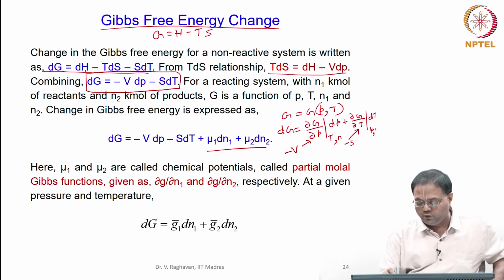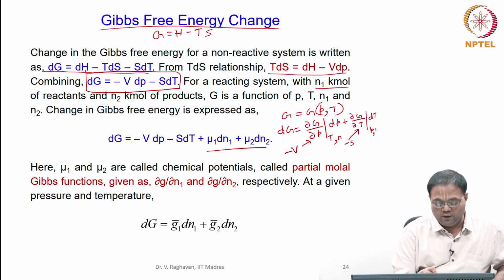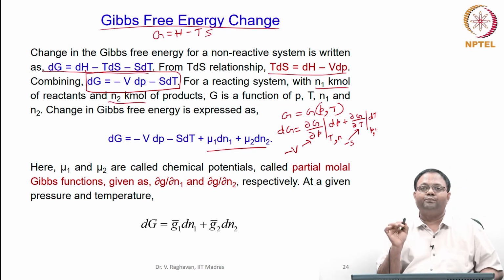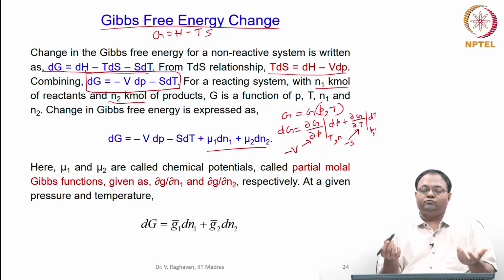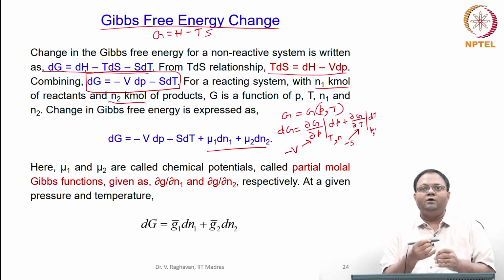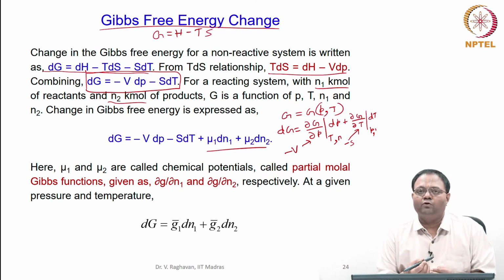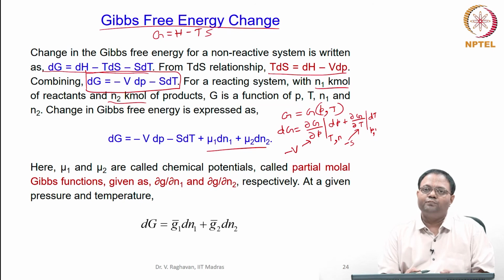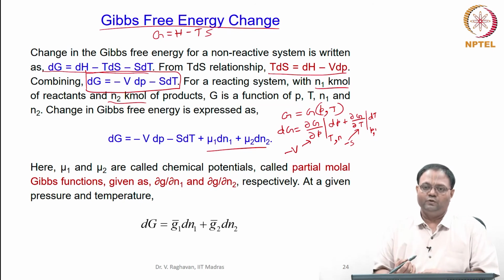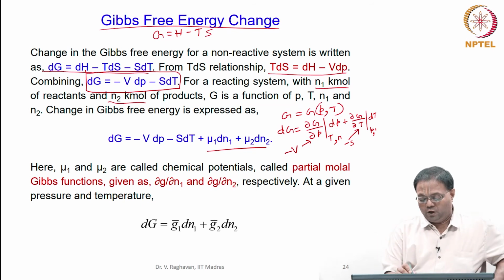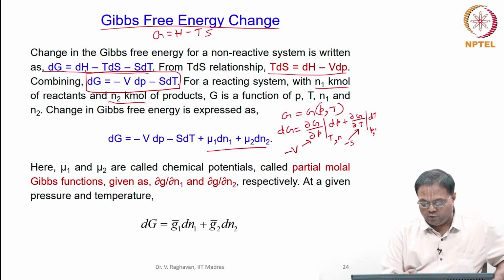So let n1 kilomole of reactant be present and n2 kilomole of product be present. Now the n1 and n2 are not going to be constant. Initially n1 may be some number and n2 may be 0. As the reactants are consumed, n1 decreases and n2 increases. That is what you have to take into account here.